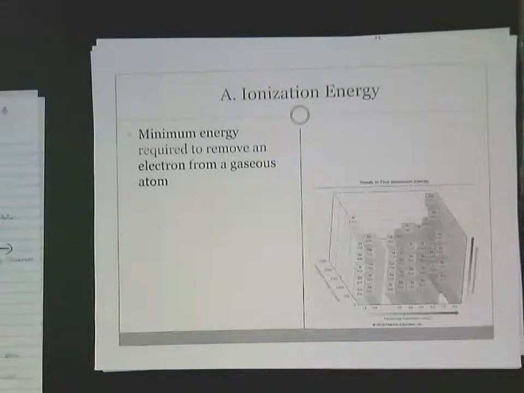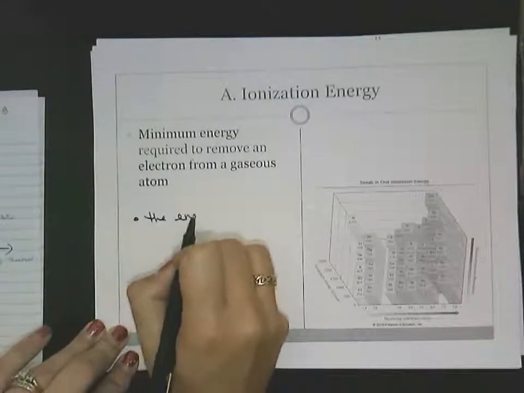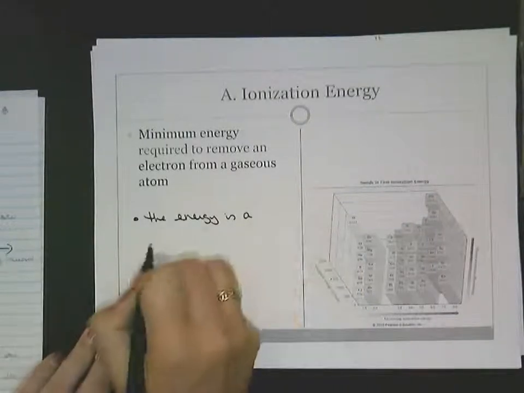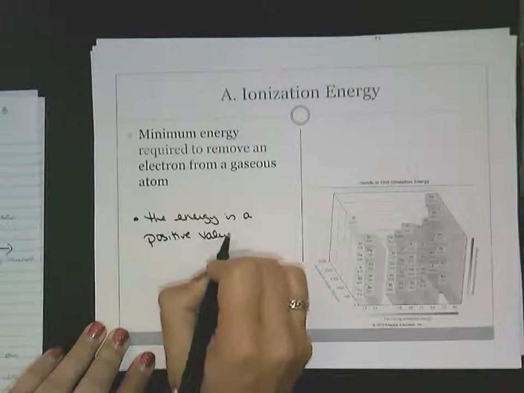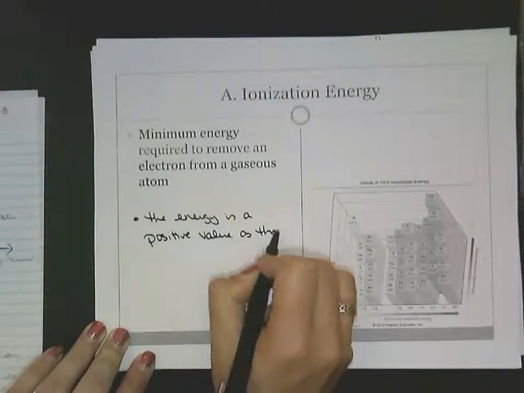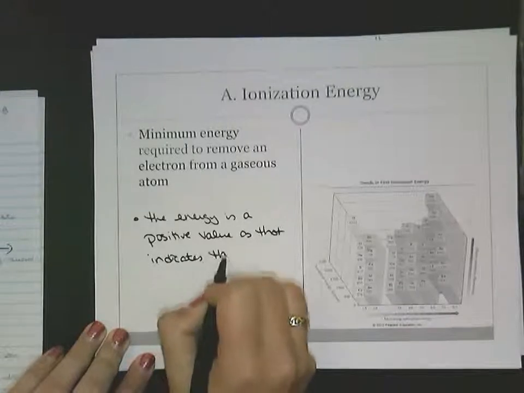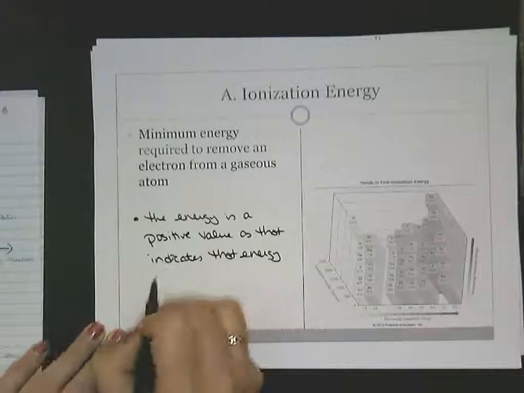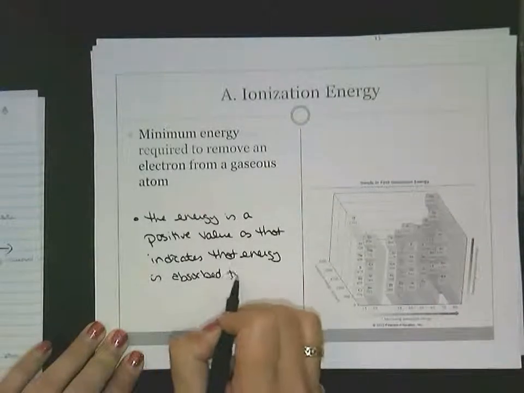When we look at ionization energies, the energy is a positive value, as that indicates that energy is absorbed to release an electron.